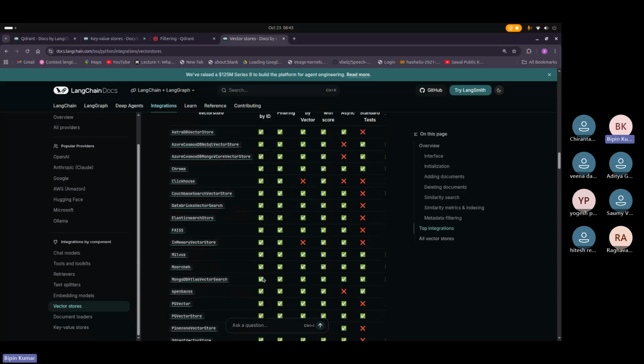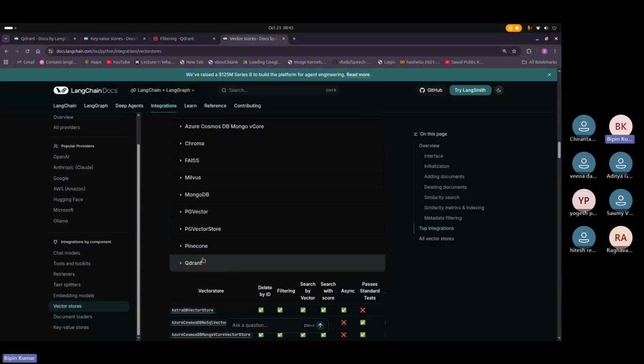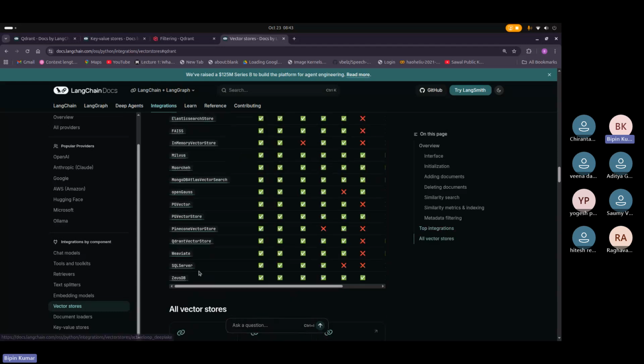Just for your knowledge, I will tell you about Qdrant. In the next class we will see more about Qdrant, and in Qdrant there are some terminologies like hybrid search.